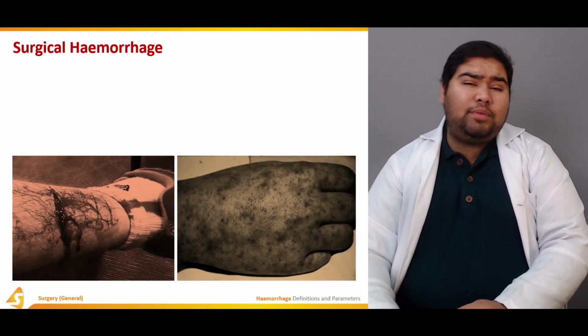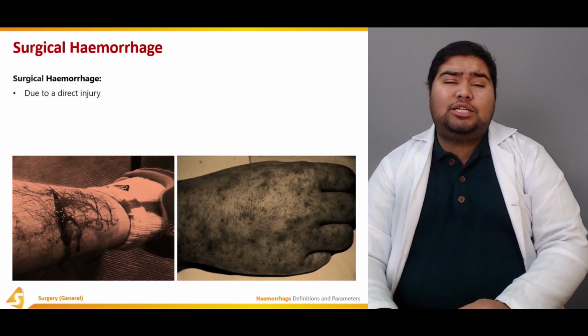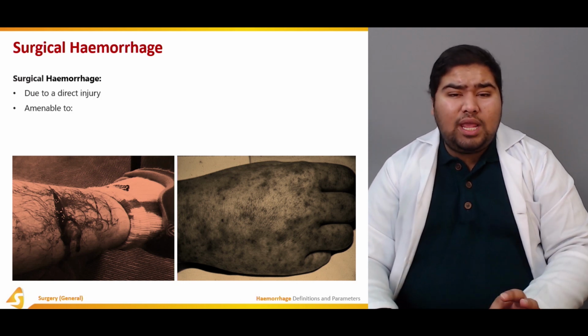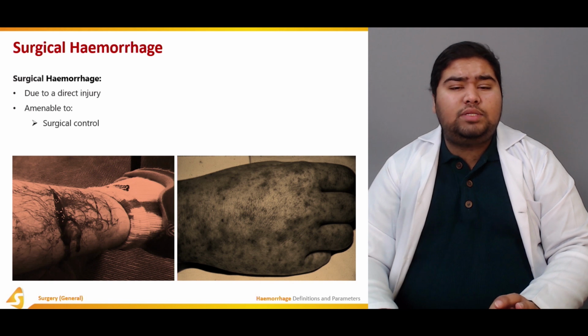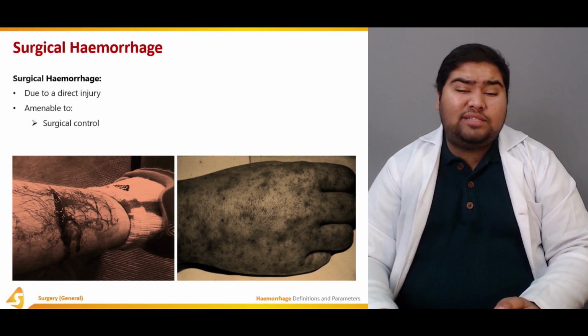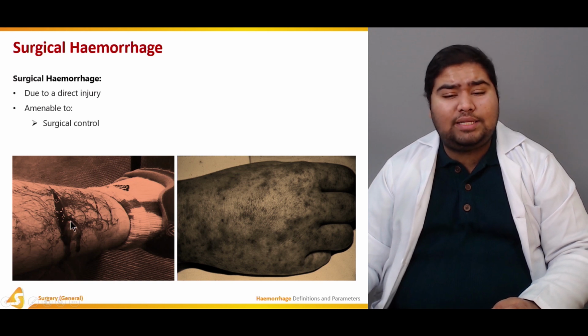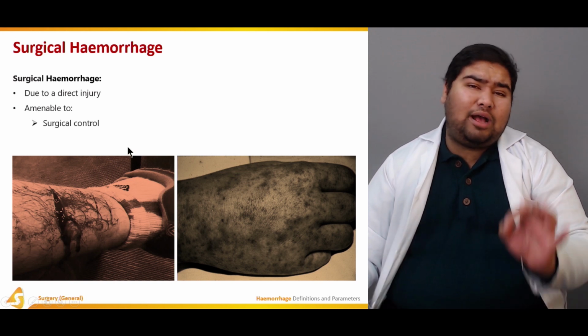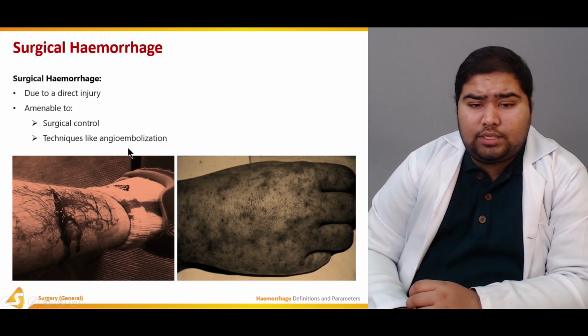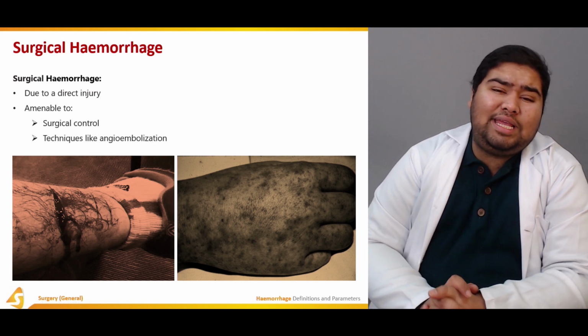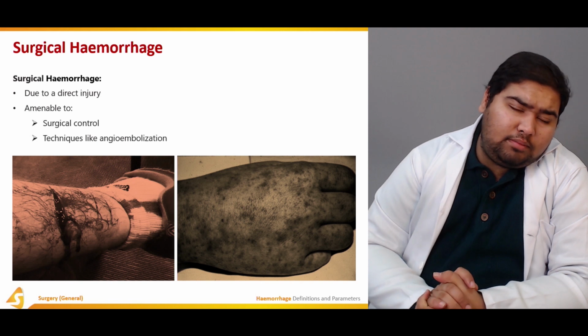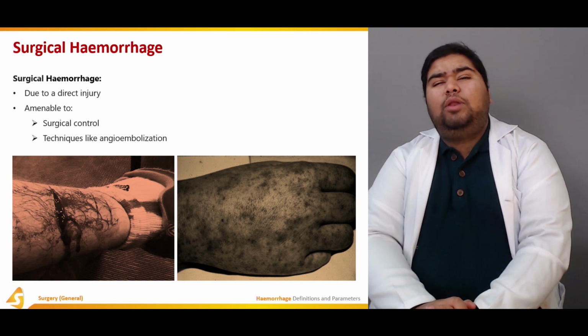Now, surgical hemorrhage, as the name implies, is due to direct injury. It is amenable to surgical control. That is very important. So surgical hemorrhage is always due to a direct injury. Here you can see, and you can surgically control it. It requires techniques like angioembolization. So what is angioembolization?